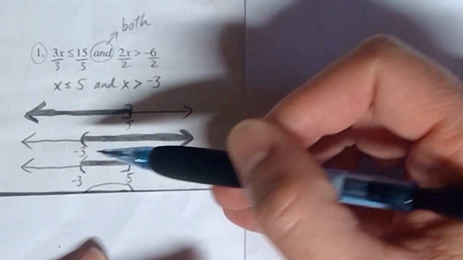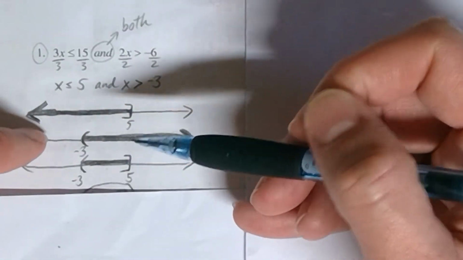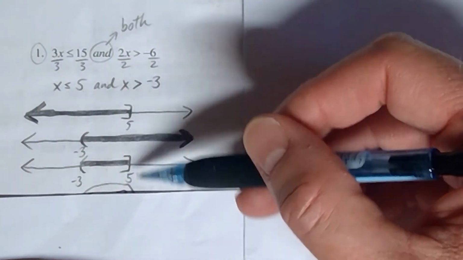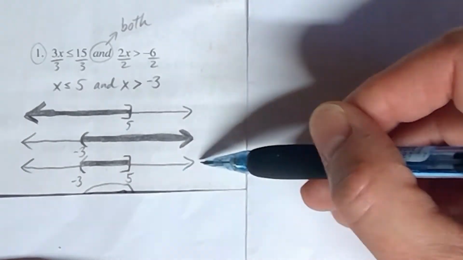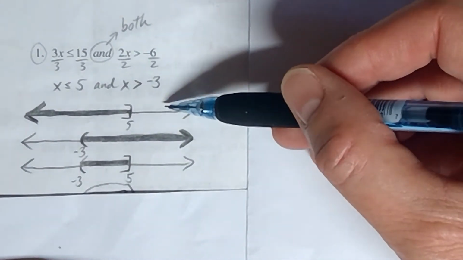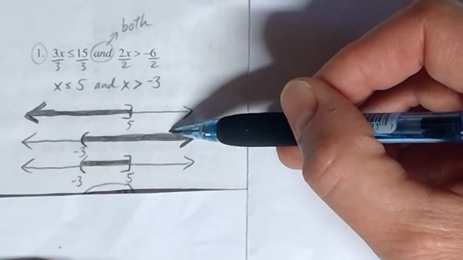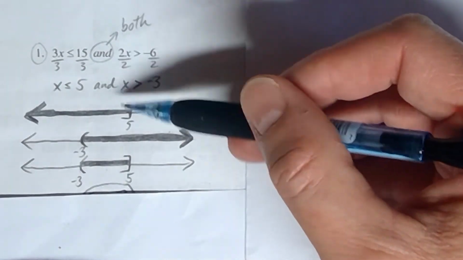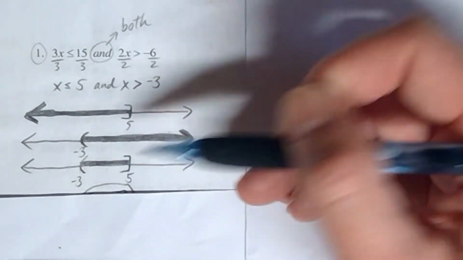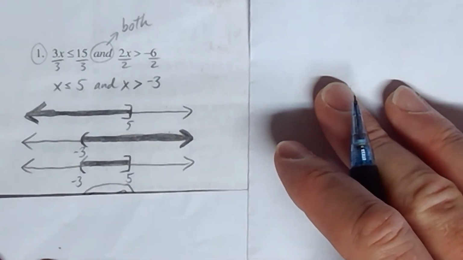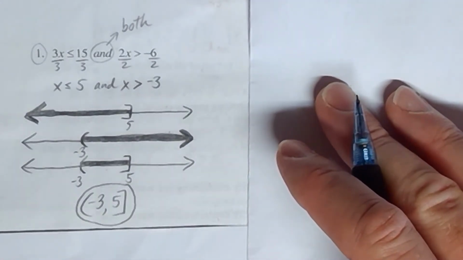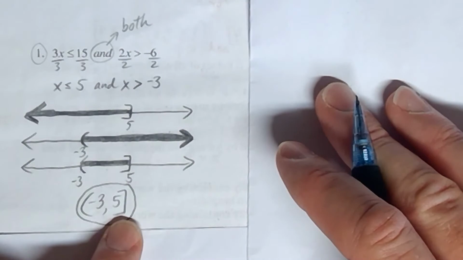The first interval is only shaded the first time, but not the second time. This last interval over here from 5 to infinity, it's shaded not the first time, but the second time. And means you only bring it down into the final answer if it's shaded both times. So we now have this as our interval notation here.